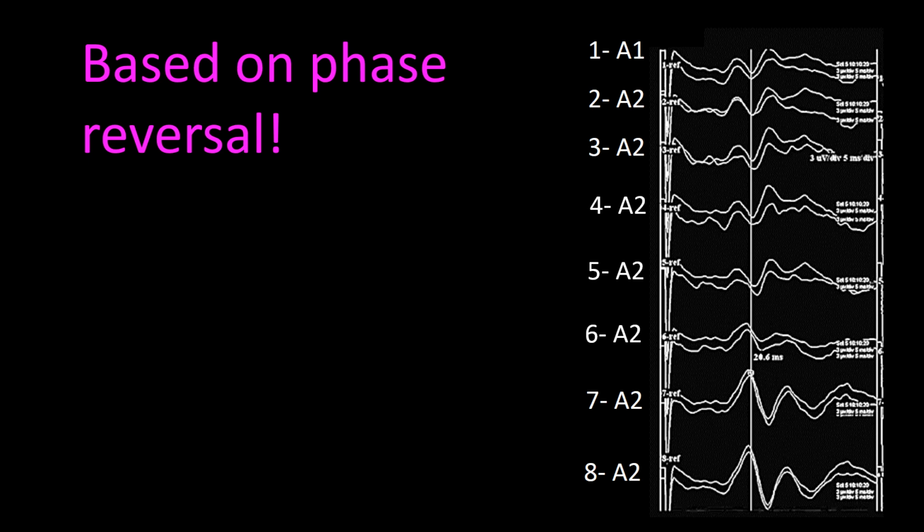This montage does not show a clear phase reversal. It could be argued that the phase reversal is taking place between derivation 5 and 6 or between derivations 6 and 7.